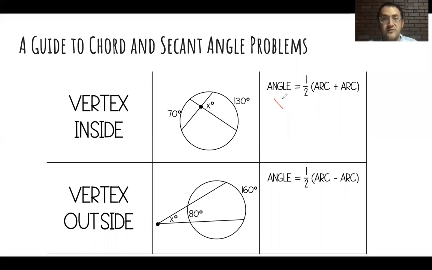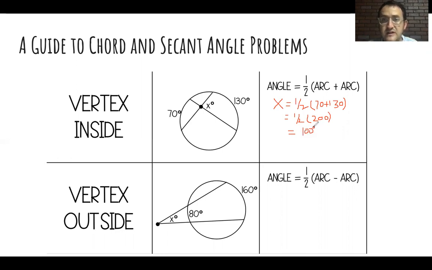So if I want to find what the angle X is equal to, I'm going to do X is equal to 1/2 times 70 plus 130. So it just tells me to add the two arc degrees together. And I will just use my PEMDAS. So this adds to 200, and you get precisely 100 degrees.